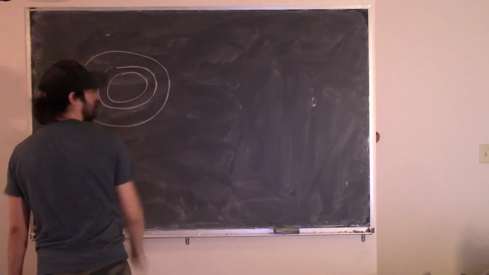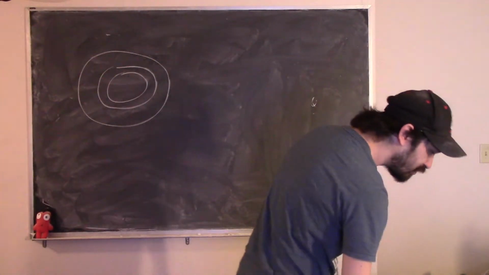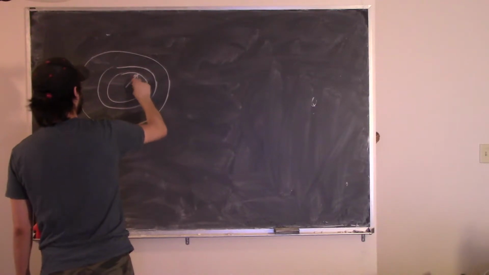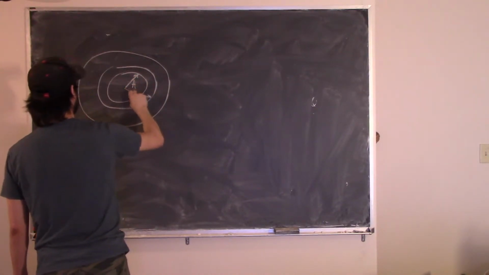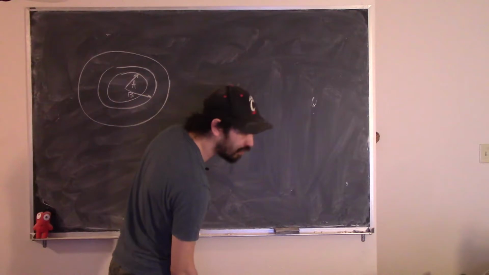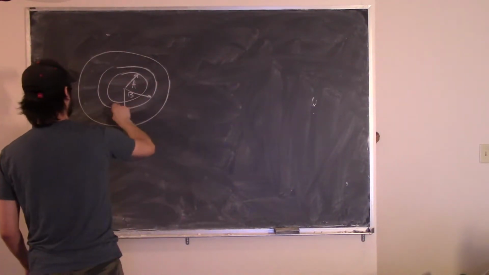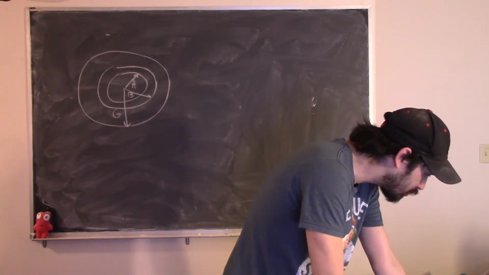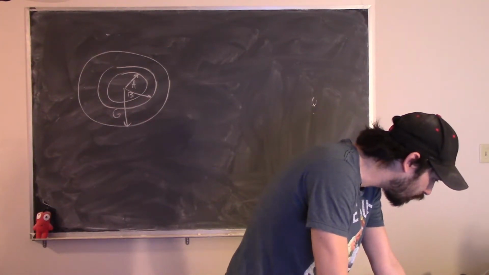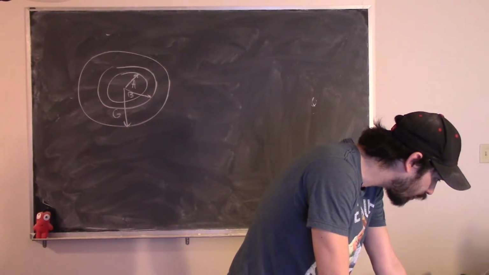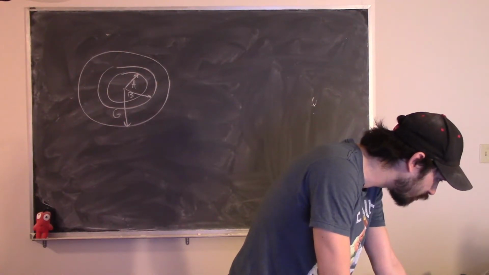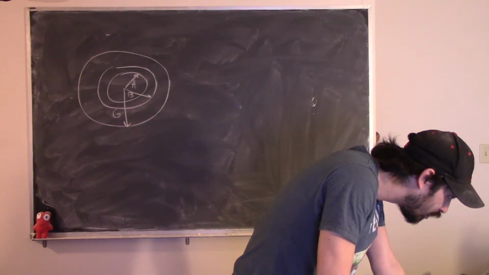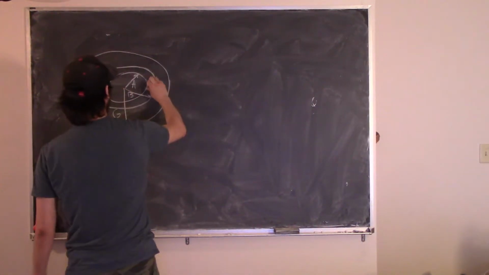You have this arrangement where you have some spherical shells of resistivity. This is a radius A, this is a radius B, and then this is a radius C. We know that the region between A and B has some resistivity that is a constant.